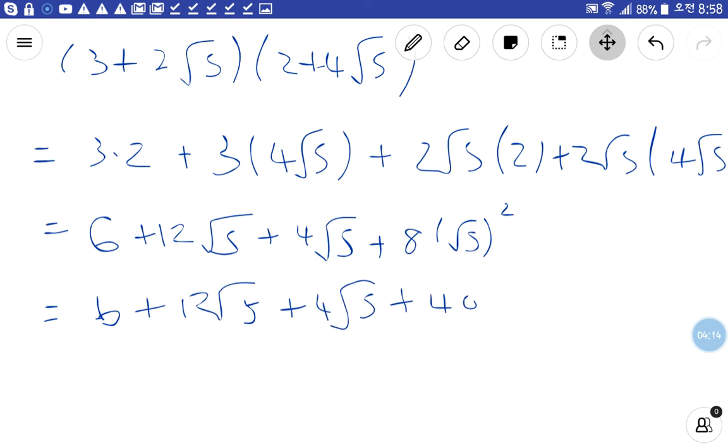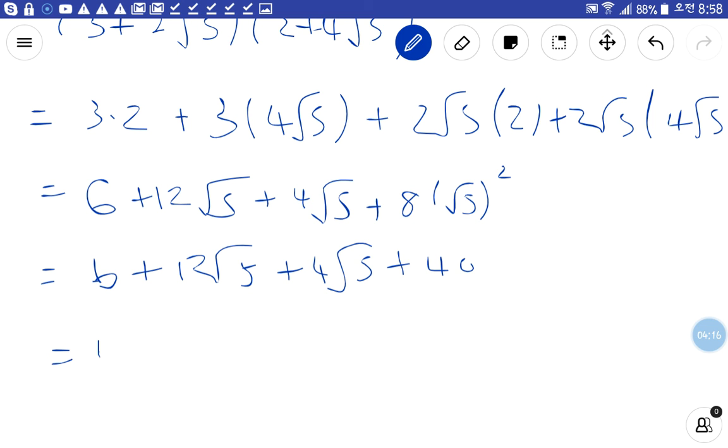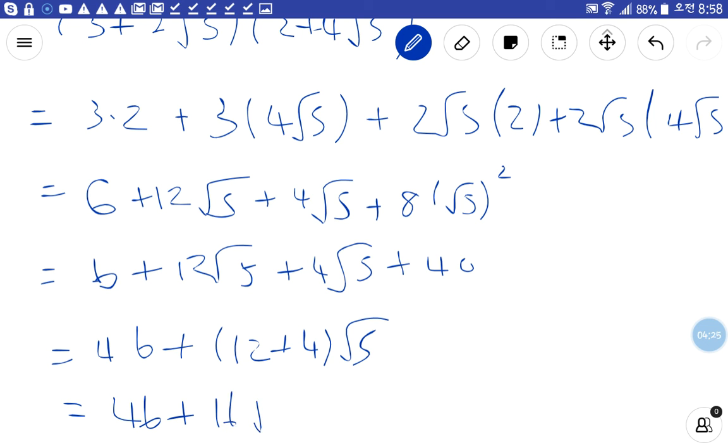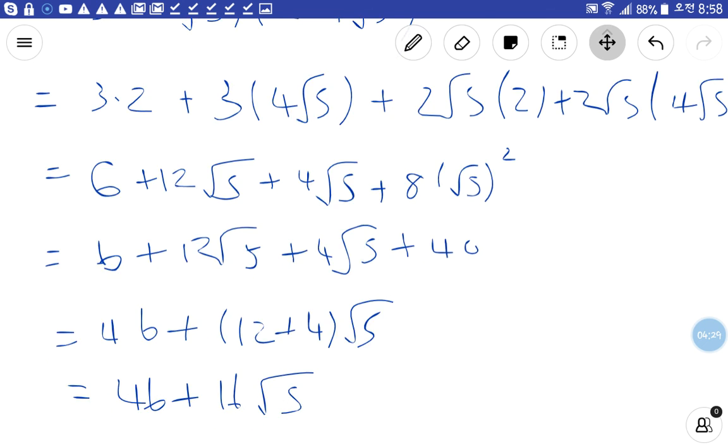Now what do we have? 40 plus 6, which is 46, plus 12 plus 4 radical 5, which becomes 16 radical 5. Alright?